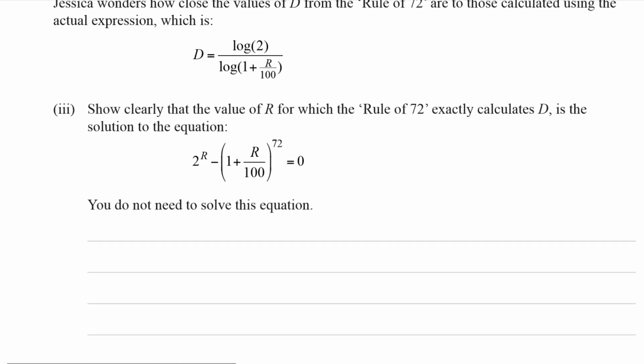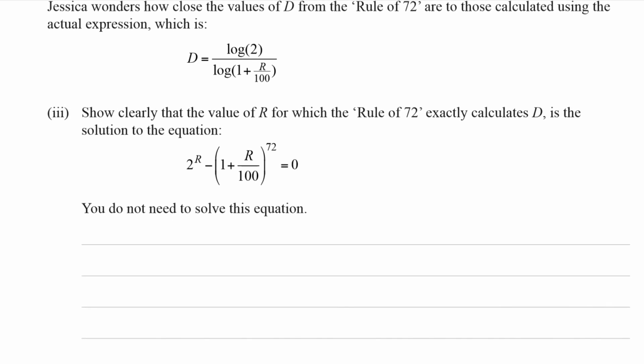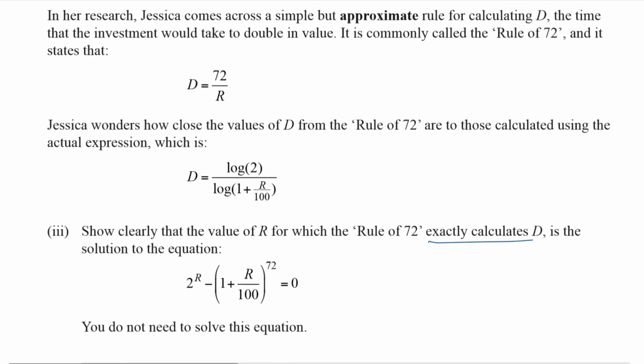That said, we do not need to solve the equation. So for it to exactly calculate d, that is saying that this approximate d must equal this d exactly. And what that is saying is that 72 divided by r must equal this log expression.